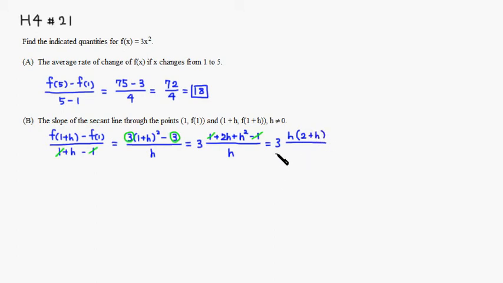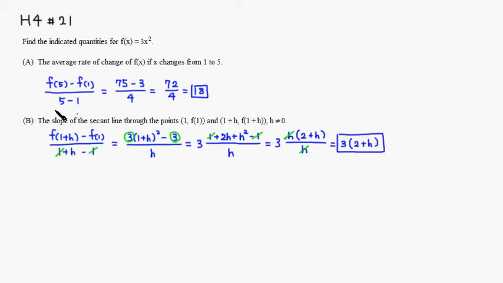Then you have h on the bottom. So you can cancel h on top with h on the bottom, because h divided by h is basically 1. So what you get is 3 times 2 plus h. All right, so we have that.